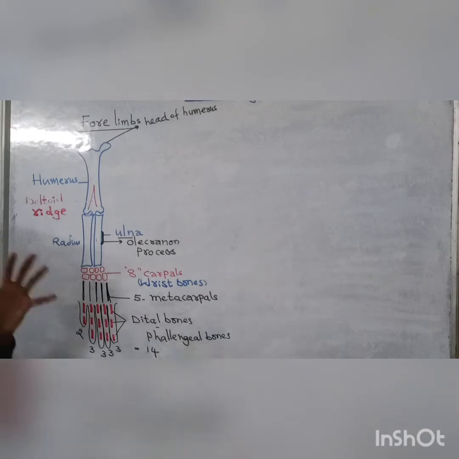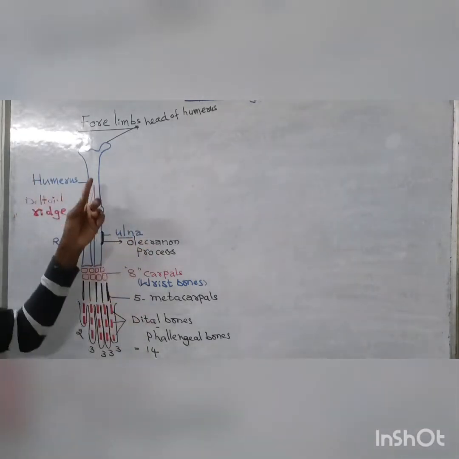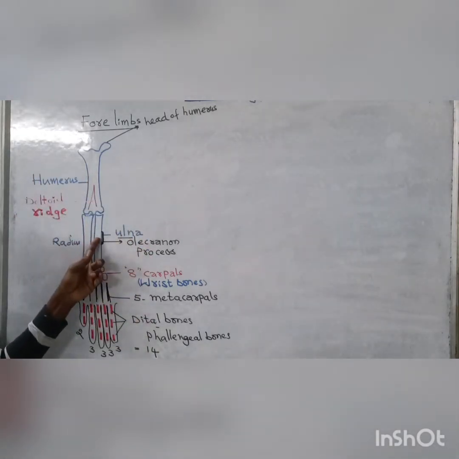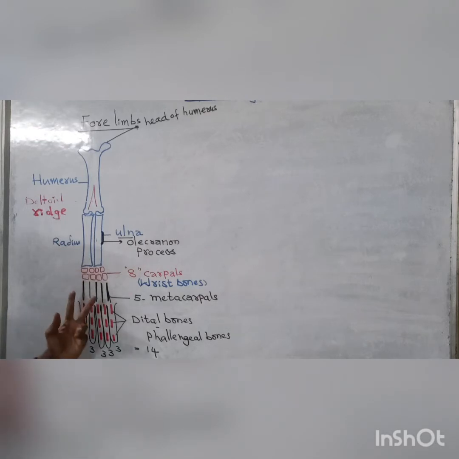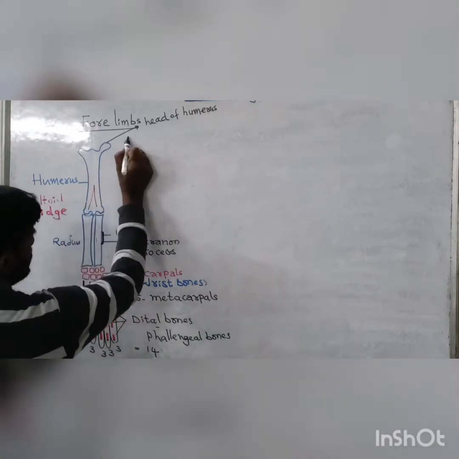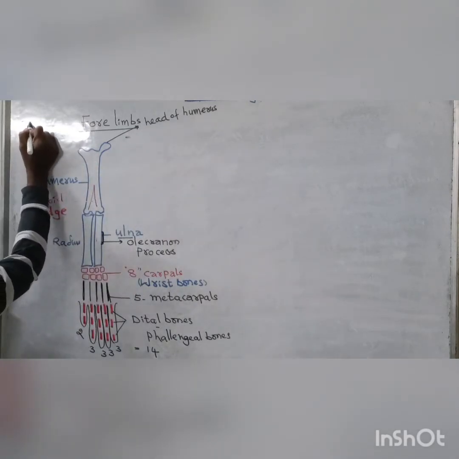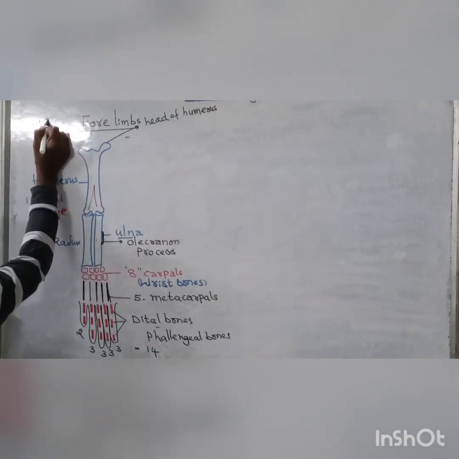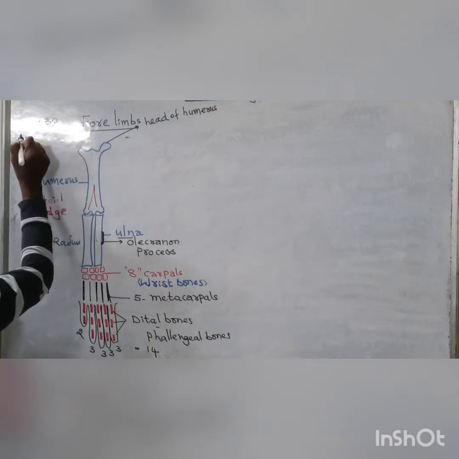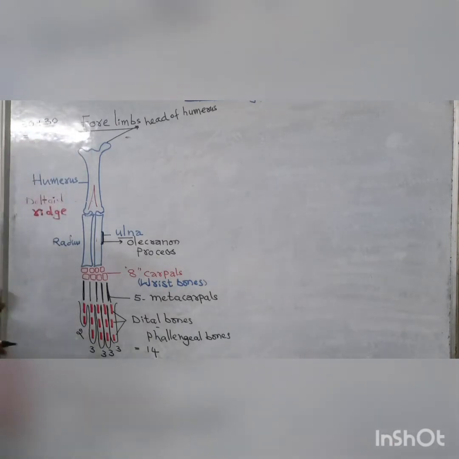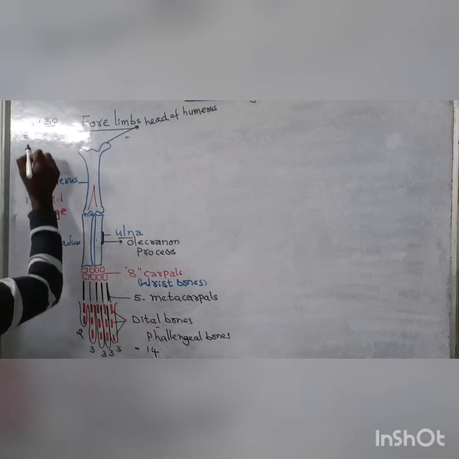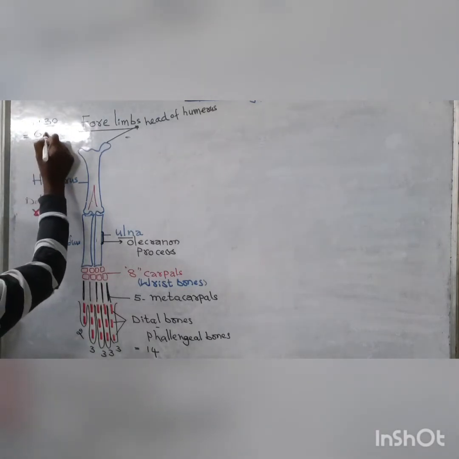So, the number of bones in the forelimb of man are 1 plus 2, 3 plus 8, 11 plus 5, and 14. Each forelimb contains 30.